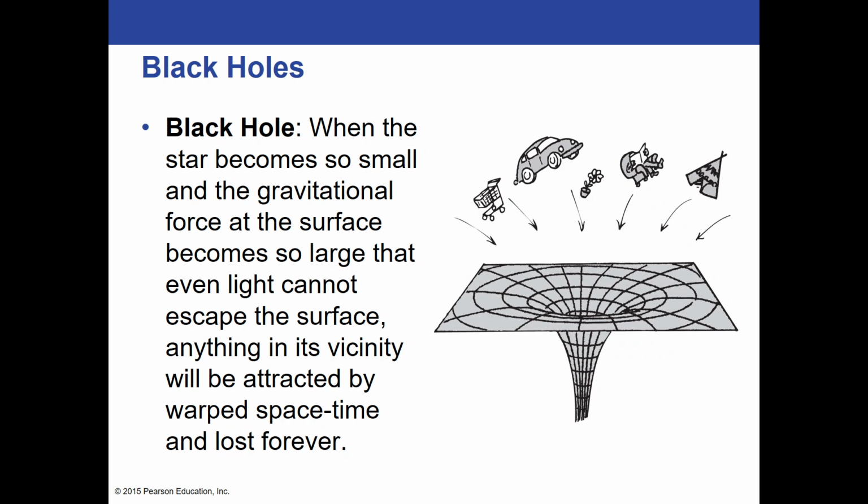So, if you were to shrink down Earth to the size of 1 centimeter, all the mass of Earth down to less than a centimeter, Earth would become a black hole.